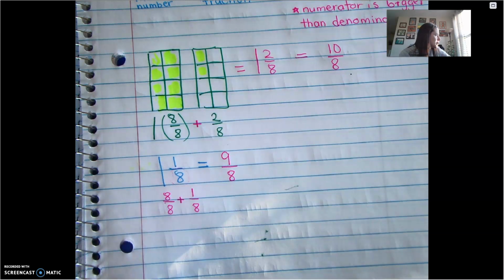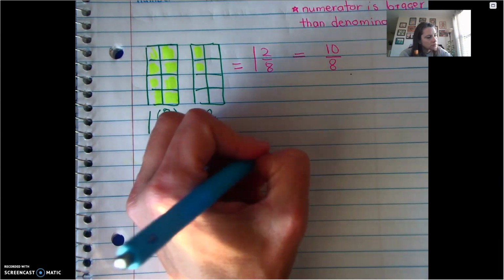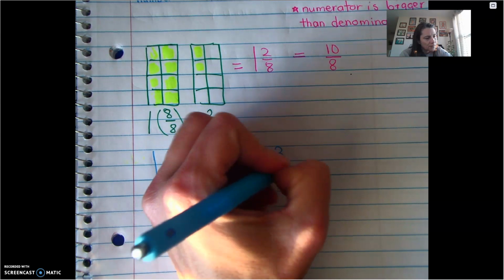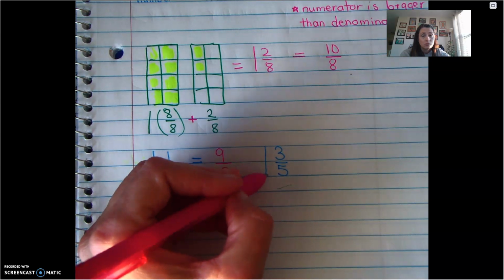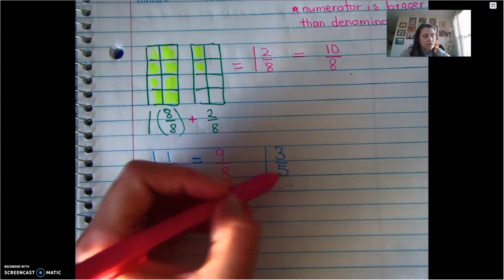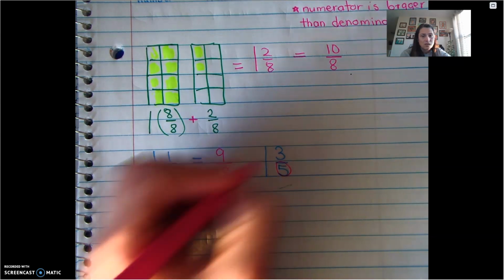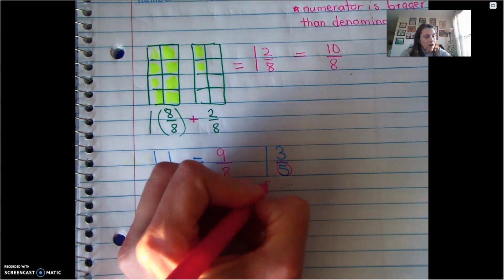So let's do another one. Let's do 1 and 3/5. Now with 1 and 3/5, we've got to change our 1 to a fraction. And I look here to see it's fifths, so that means my 1 is 5/5.